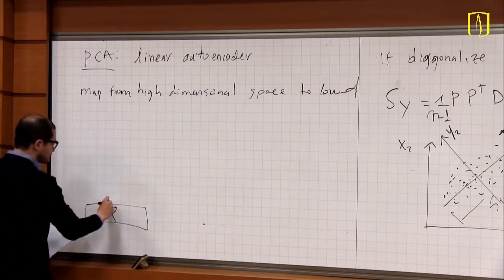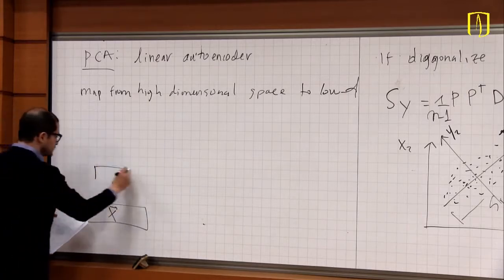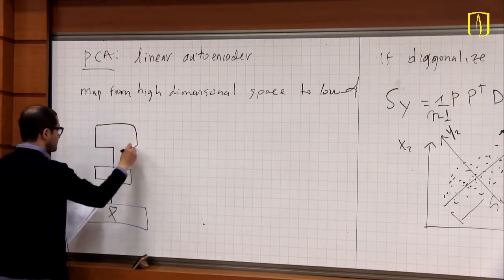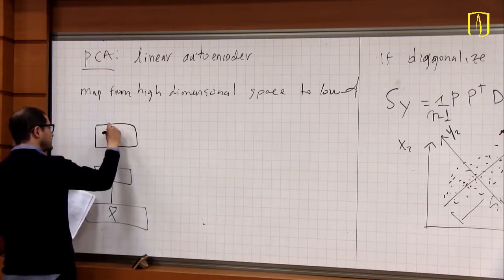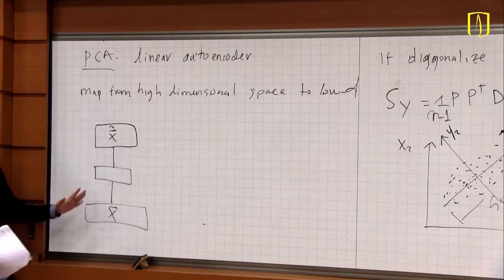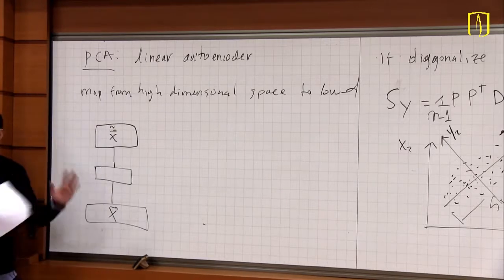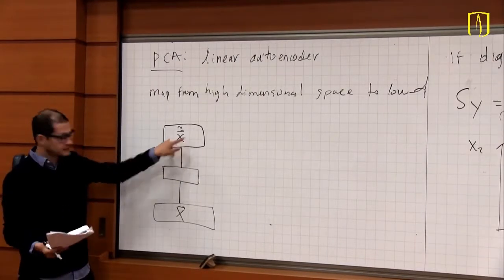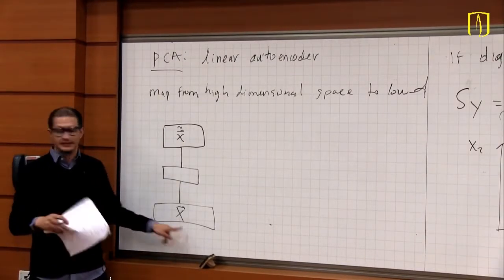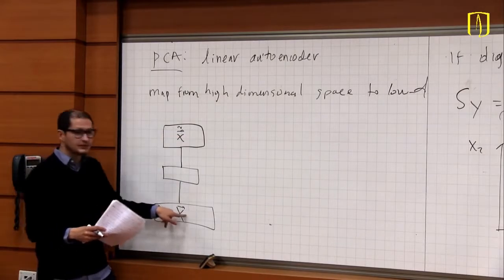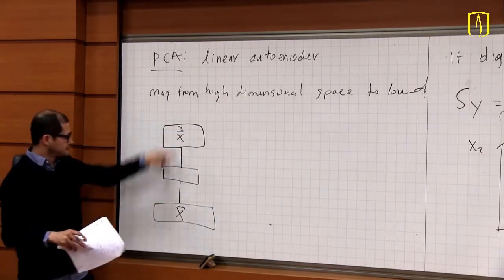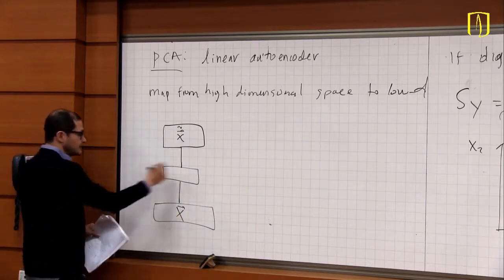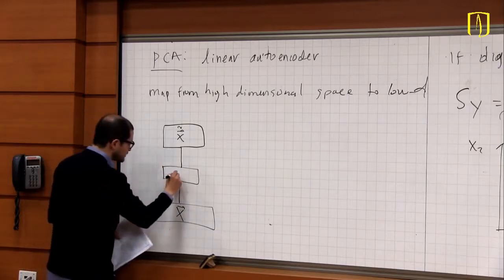You apply some transformation, you get to a lower dimensional space, and then you try to go back to this X space. Since you impose a type of bottleneck where you reduce the amount of information, this X tilde is not going to be perfectly reconstructing your original input X. So X tilde is an approximation, or a reconstruction, of your original data X. If you put in a lower dimensional code, people call this an autoencoder.